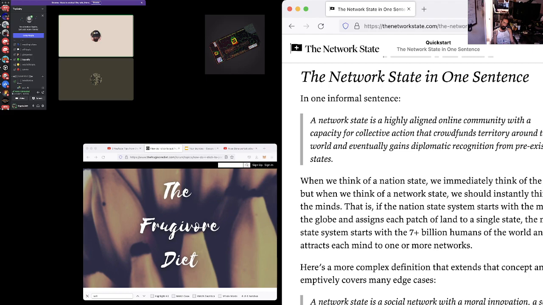The one that came to mind for me is: are you down to build West Ethiopia with us, or something along those lines? Yeah, we could definitely do that. That's a piece of the puzzle as well.